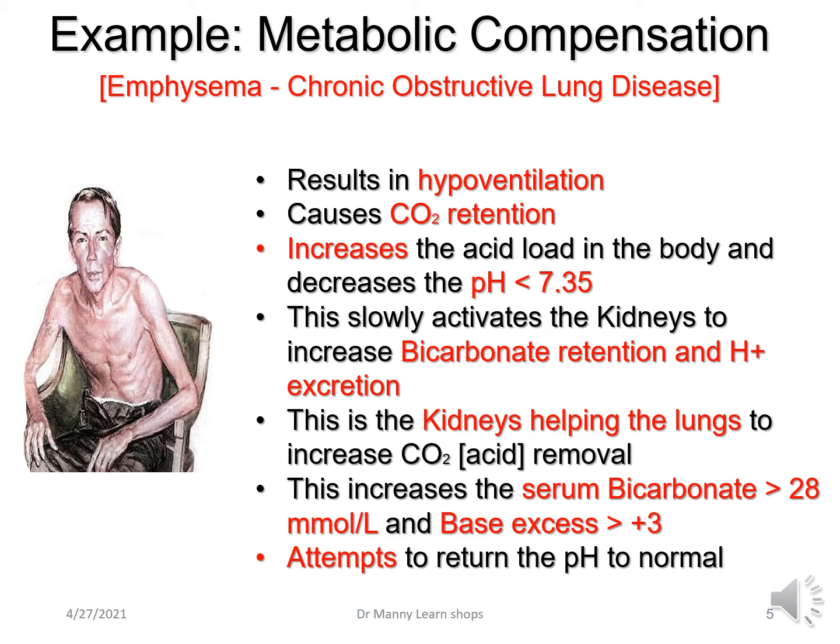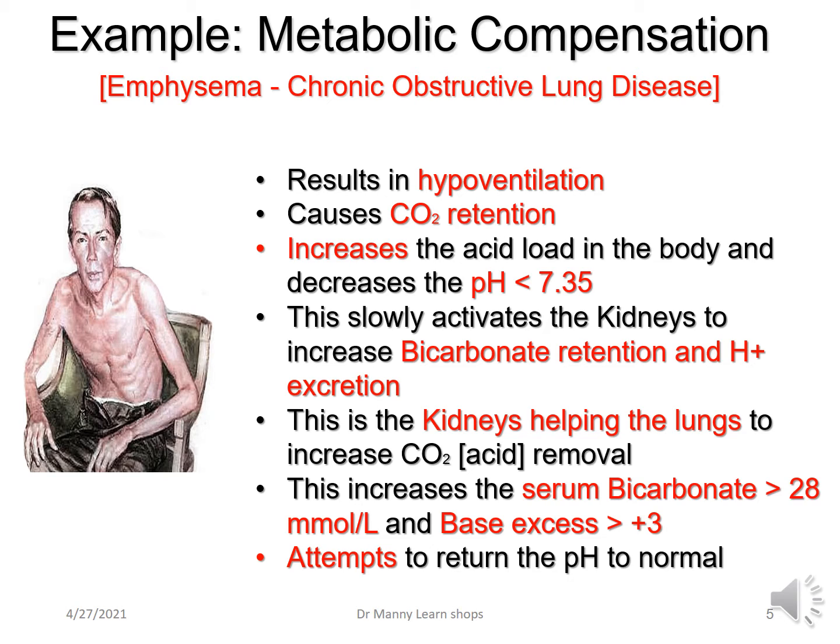And because of their disease process, they can't excrete CO2 effectively. So therefore, as a consequence of chronic lung disease and hyperventilation and CO2 retention, this increases the acid load in the body and may decrease the pH to less than 7.35, indicating acidemia.